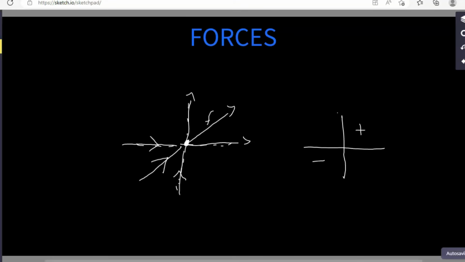What does this mean? It means that if a force is going up, that force is positive. If a force is going to the right hand side, that force is positive. If a force is going to the left, it's negative, and if a force is going down, it's negative. This will affect you when you are trying to calculate the sum of the horizontal components.